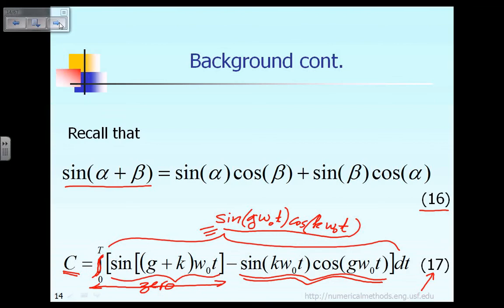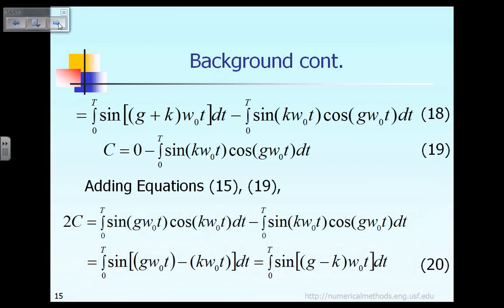As you can see from the next slide, which is equation 18, as I told you earlier, the first integral right here, the integral of sine, is equal to 0 based on example number 1 or example number 2 that we just computed. And so all you have left is the value of c equal to the second term, which is shown in equation 19.